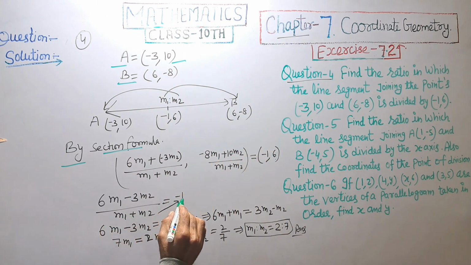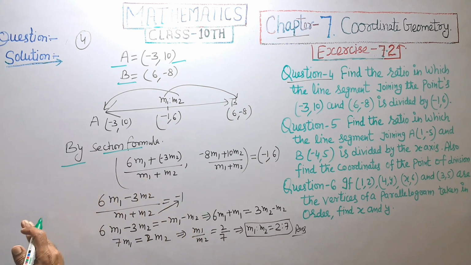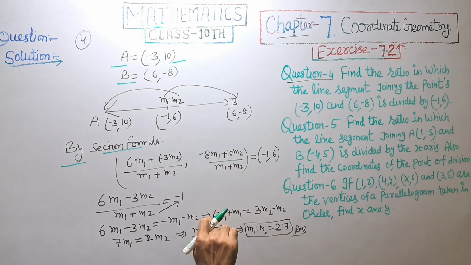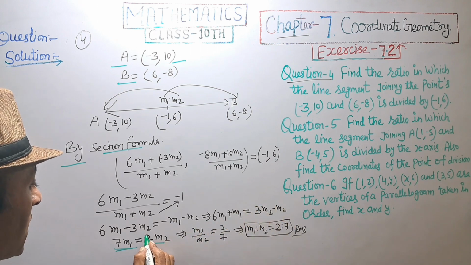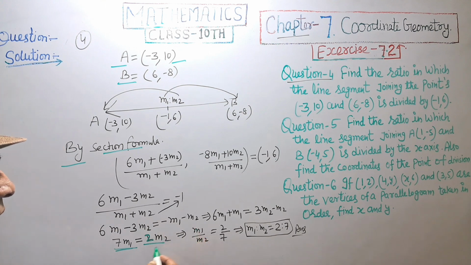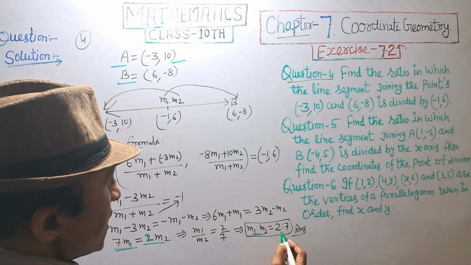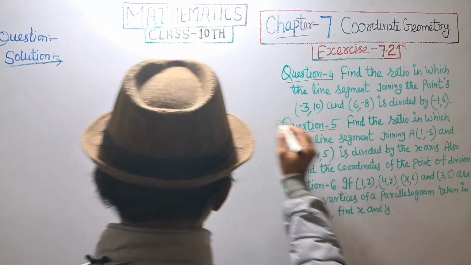M1 plus m2 multiplying -1, we get minus m1 minus m2. Shifting m1 to the left side and m2 to the right side, 6m1 plus m1 is equal to 3m2 minus m2. 6m1 plus m1 is 7m1, and 3m2 minus m2 is 2m2. m1 upon m2 is equal to 2 upon 7. So we get m1 ratio m2 is equal to 2 ratio 7. Answer.